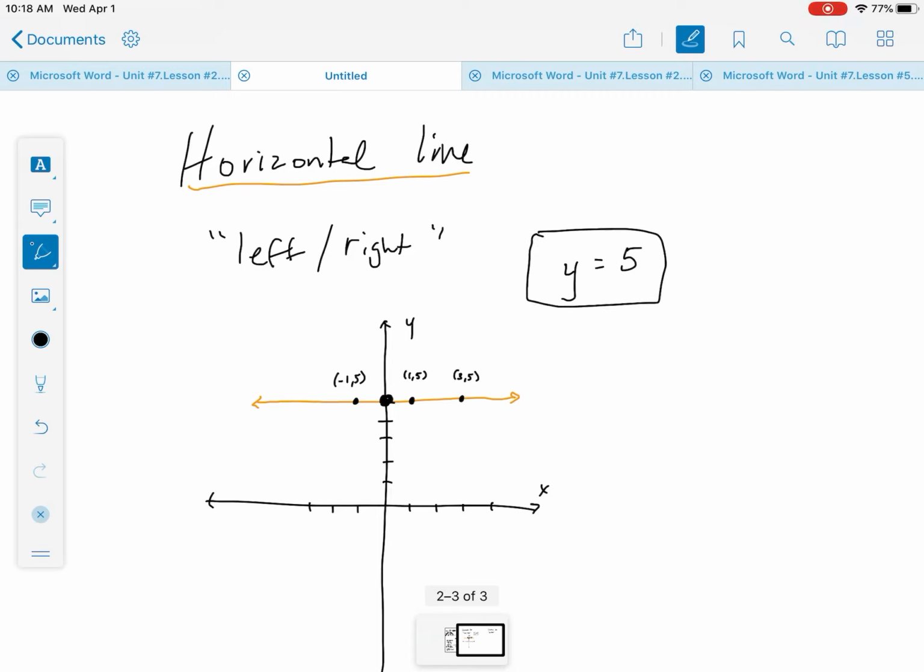Now you're probably wondering, what's the slope? Well, guess what? Every horizontal line has the same exact slope. It's a slope of 0. Now, slope of 0, let's calculate it.